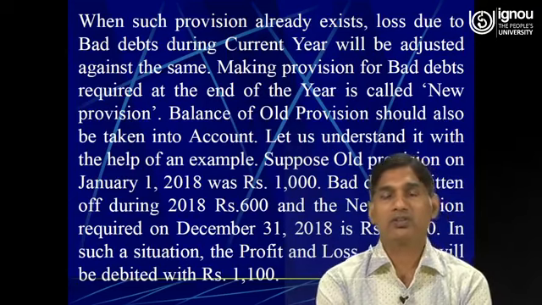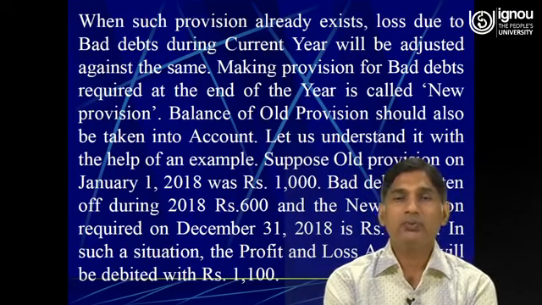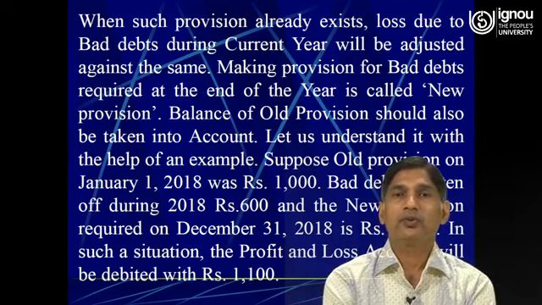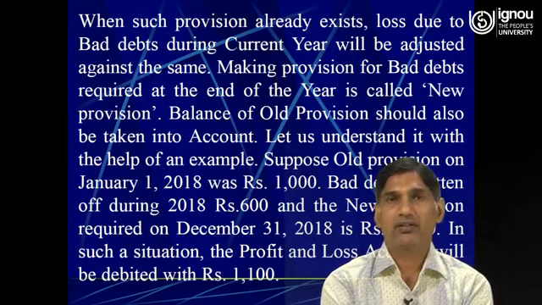The amount of bad debts in the trial balance is not given, so it is 0.